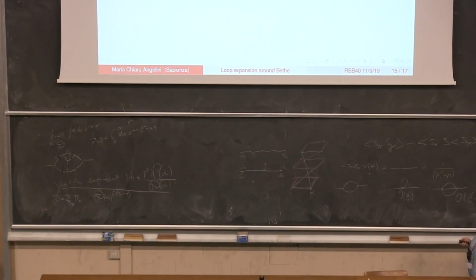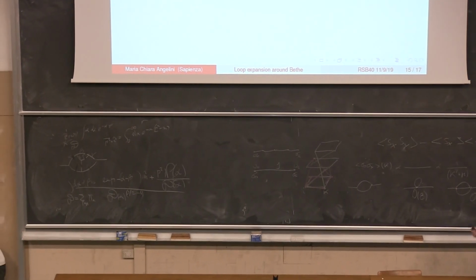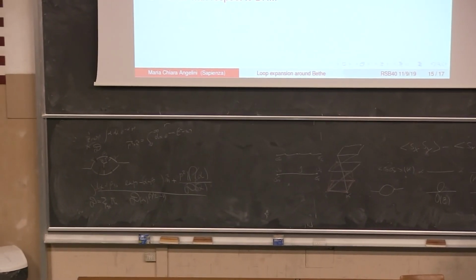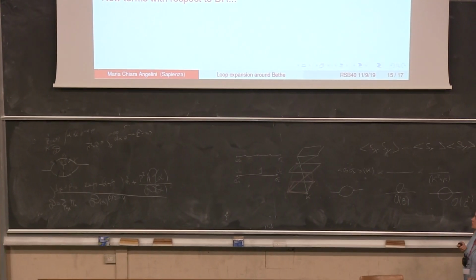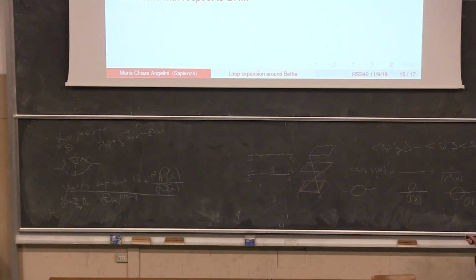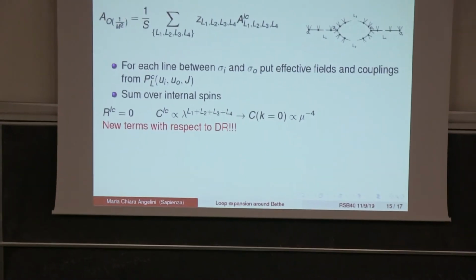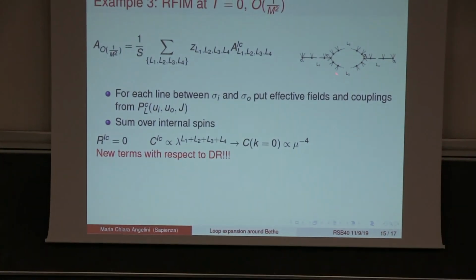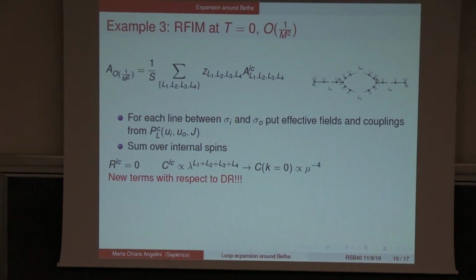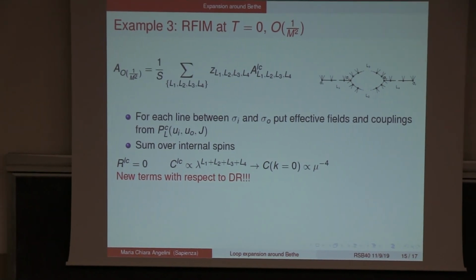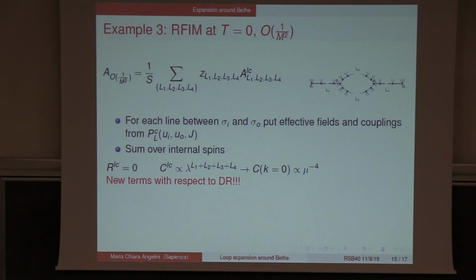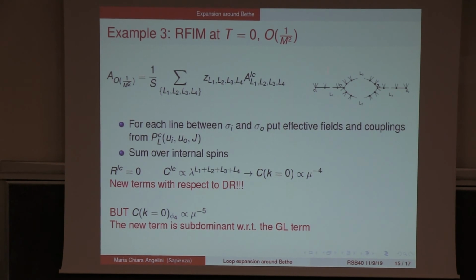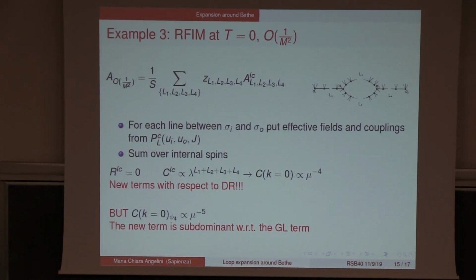Well, what we found is that this loop gives zero contribution to the connected correlation function, but it gives a non-zero contribution to the disconnected correlation function. So this loop should be inserted in an expansion around the Bethe lattice. So we are happy, but this term is subdominant with respect to the usual one.